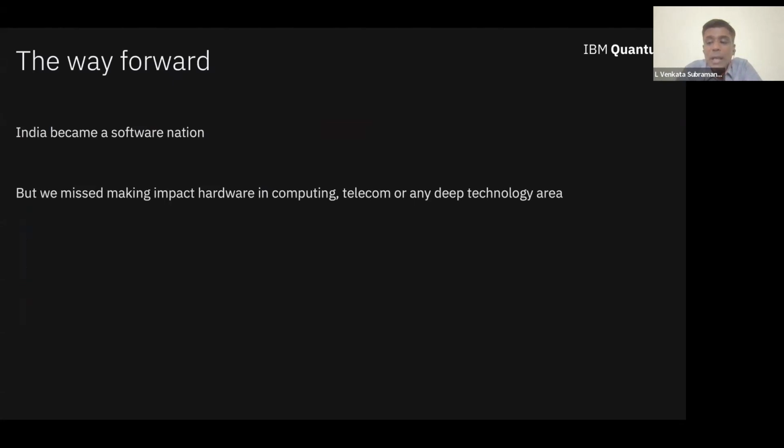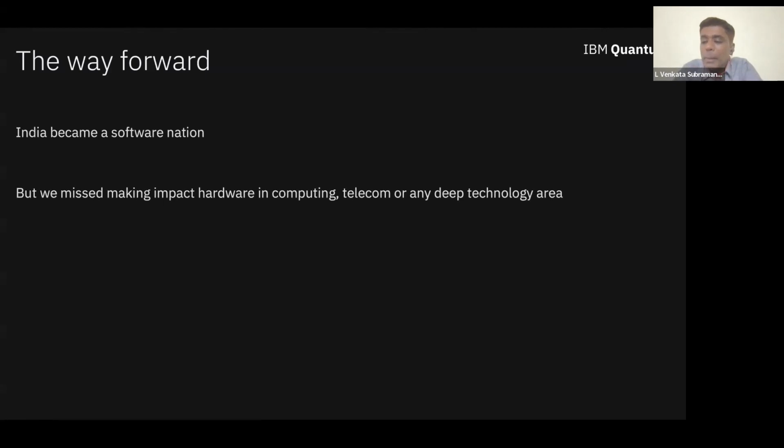We have large software companies catering not only to Indian clients, but also to the needs of others across the world. But you also know that we missed making much impact when it came to hardware, whether in computing, telecom, or any of the other technology areas.